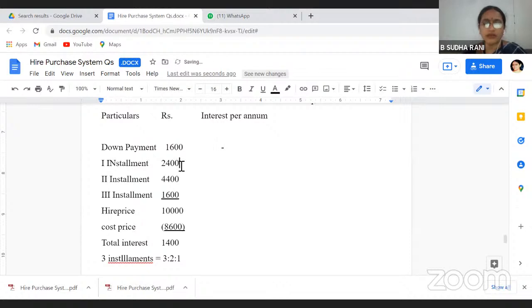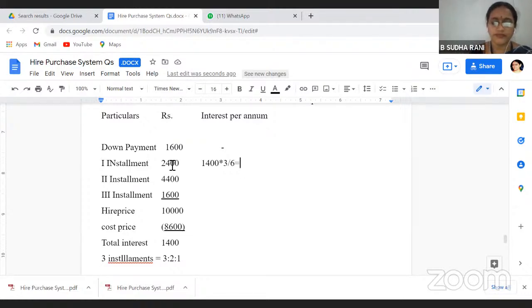Now the second year. How do you get the second year interest? Total interest is how much? 1,400 into 3 by 6. 1,400 into 3 divided by 6 equals 700.